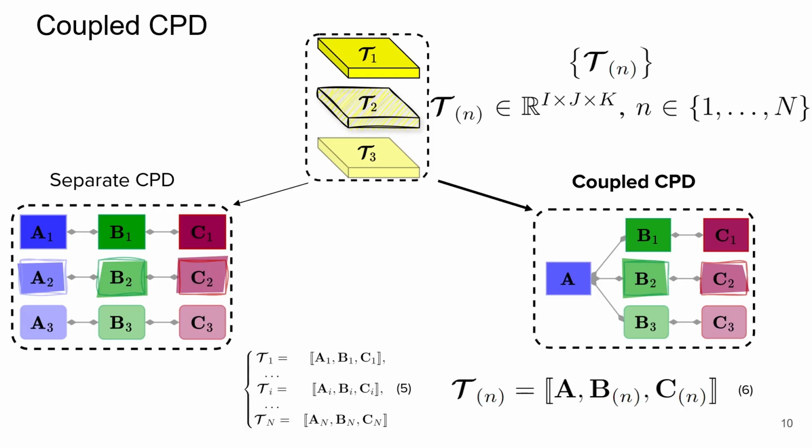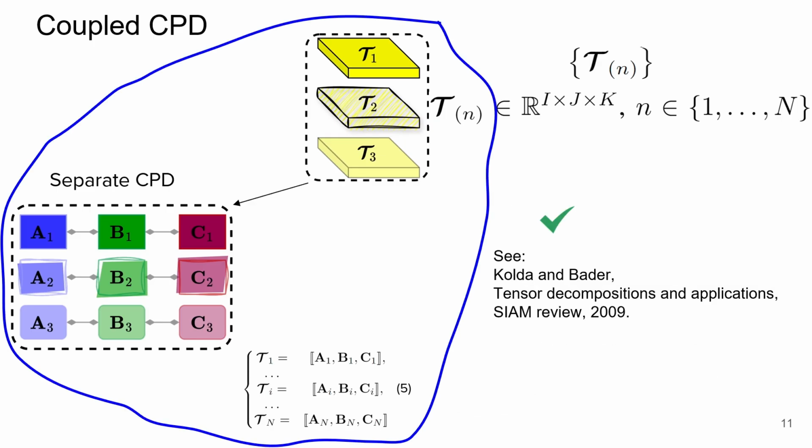It is worth noting that the coupled CPD offers a better compact representation, compared to the classical CPD, by requiring only one factor matrix A instead of n separate matrices for the individual tensors, significantly reducing both memory and computational demands. The algorithm for canonical polyadic decomposition was introduced in the well-known paper on tensor decomposition.